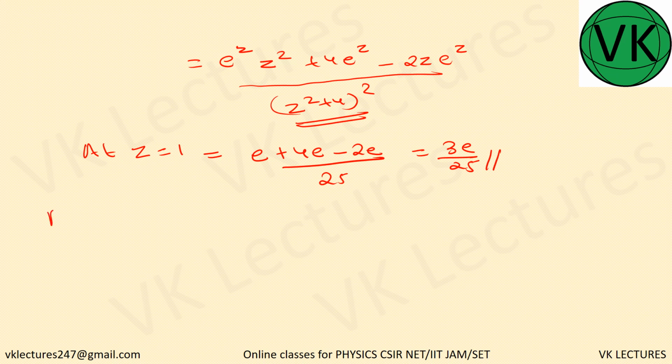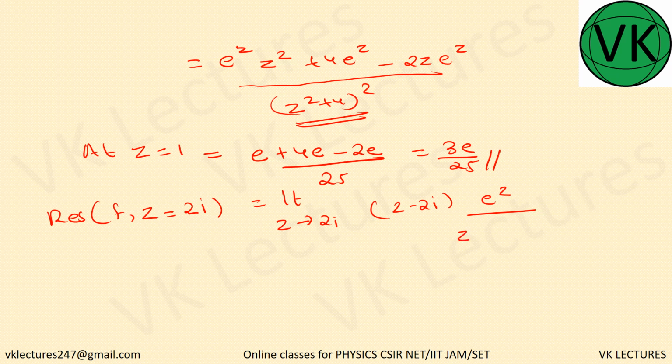Then residue of f(z) at z is equal to 2i is equal to limit z tends to 2i of (z - 2i) into e raised to z divided by (z - 1) whole square into (z + 2i) into (z - 2i).